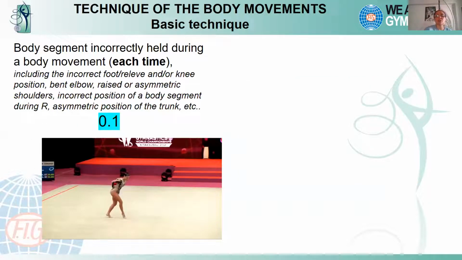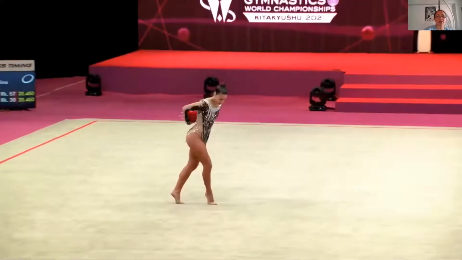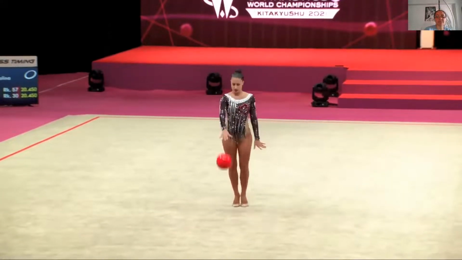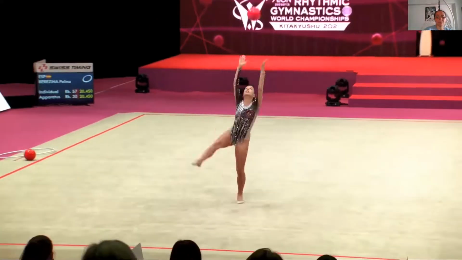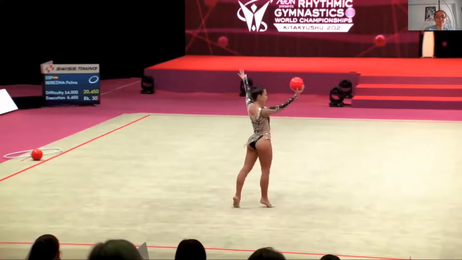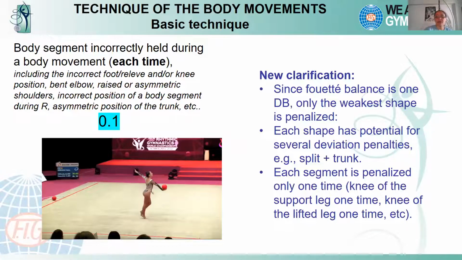Body segment incorrectly held during a body movement each time, including foot, releve, knee, position, elbow, shoulder raised or asymmetric, incorrect position of a body segment during R. These are 0.1 penalty. Okay, this is an important clarification. Fouetté is only one body difficulty.